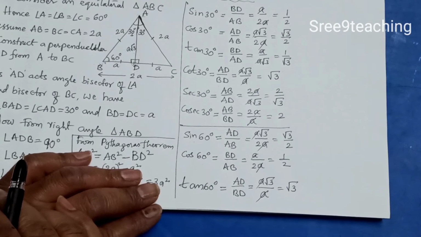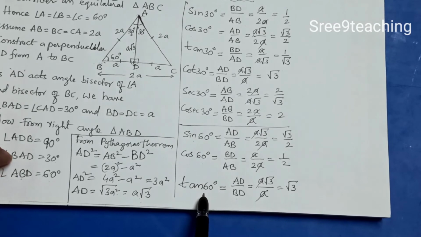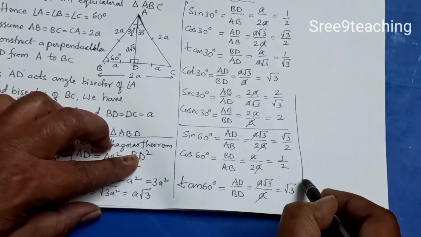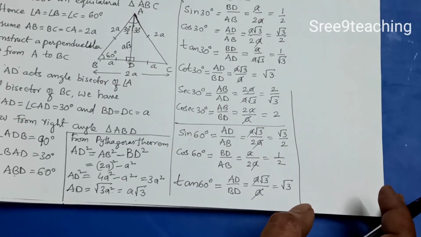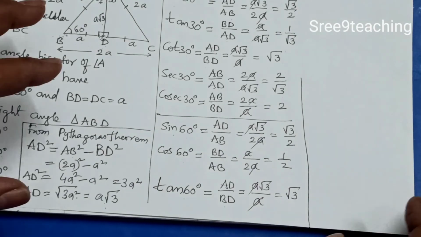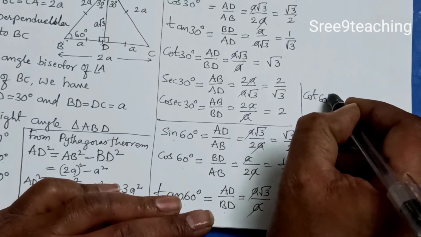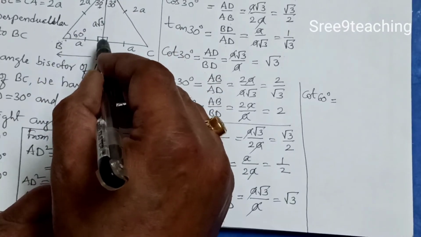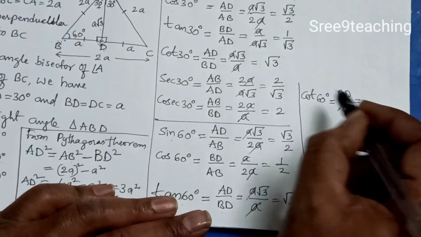Got it? Okay. Now we have determined sine 60, cos 60, tan 60, and we have to determine cot, sec and cosecant. Now cot 60 degrees. Adjacent by opposite, that is BD by AD. What is BD value?